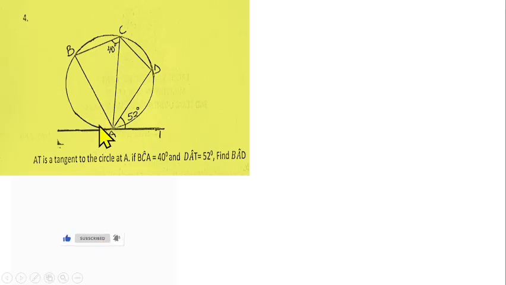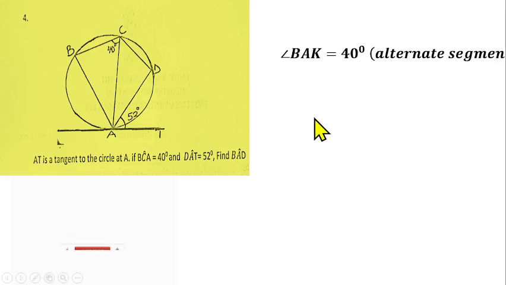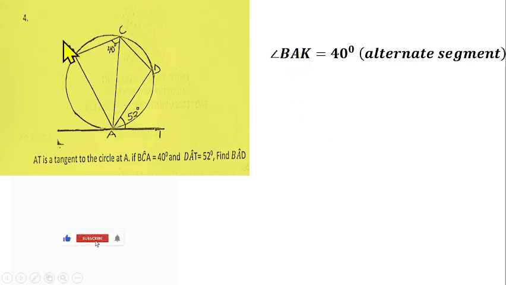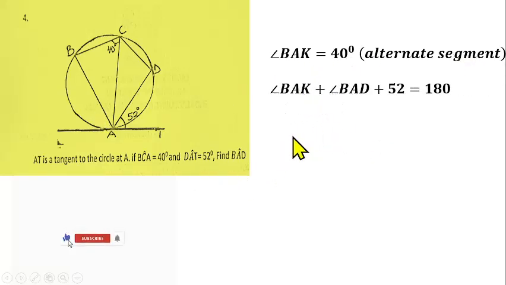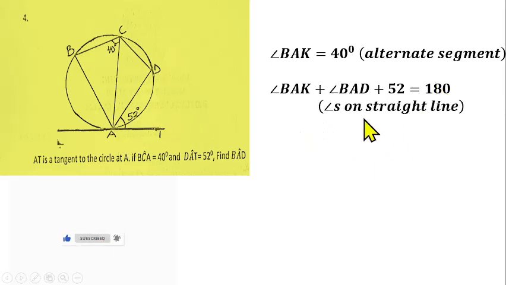Then if this is 40 degrees, we have to find angle BAD, which is the total angle inside the circle from here to here. We know that this angle plus this one plus this 52 will be angles on a straight line. So angle BAK plus angle BAD plus 52 is equal to 180 degrees, angles on a straight line.